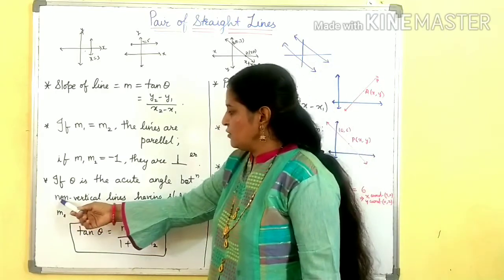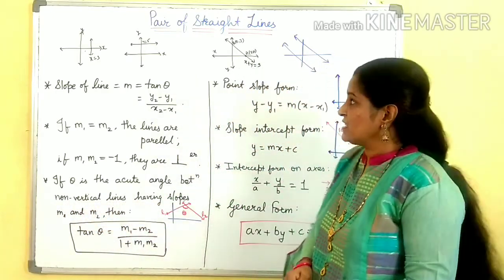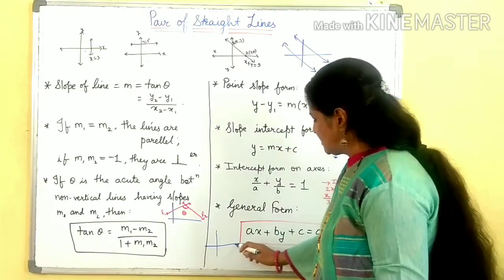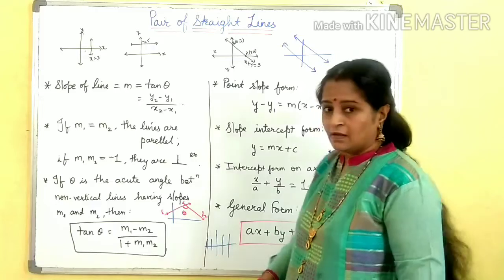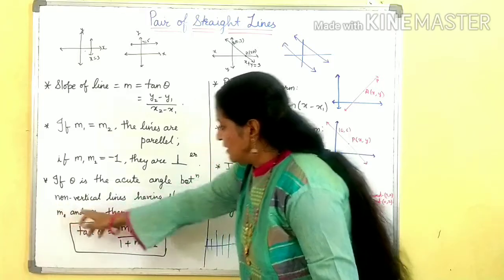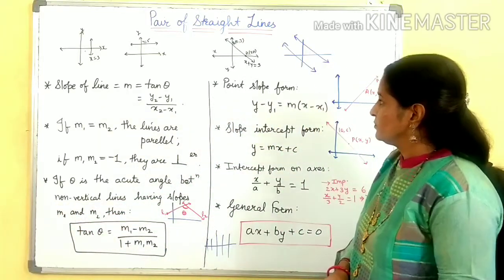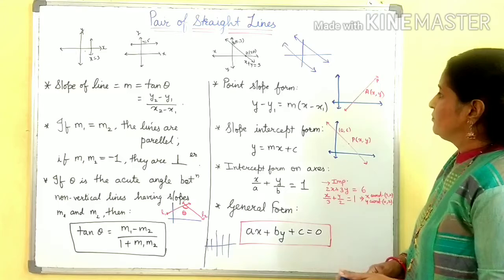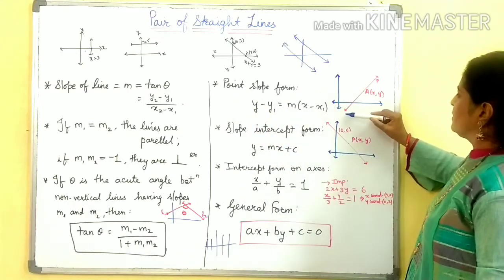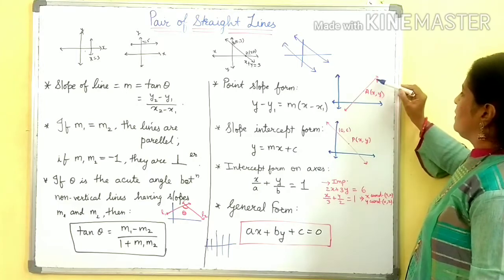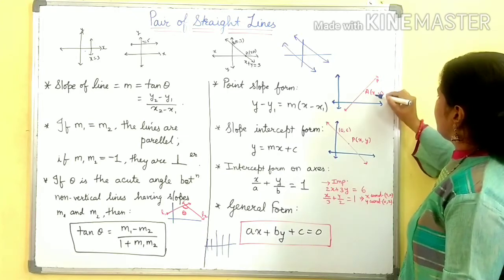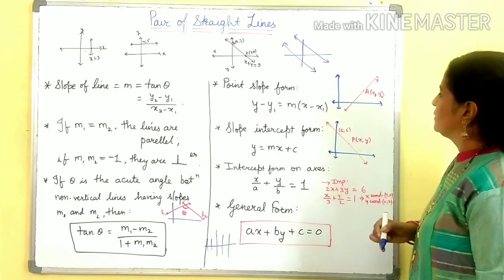Here there is one phrase, non-vertical lines. Vertical lines are nothing but this type, so that is why it is mentioned non-vertical lines. The next term is point slope form. Let us consider a line having point A as (x1, y1).